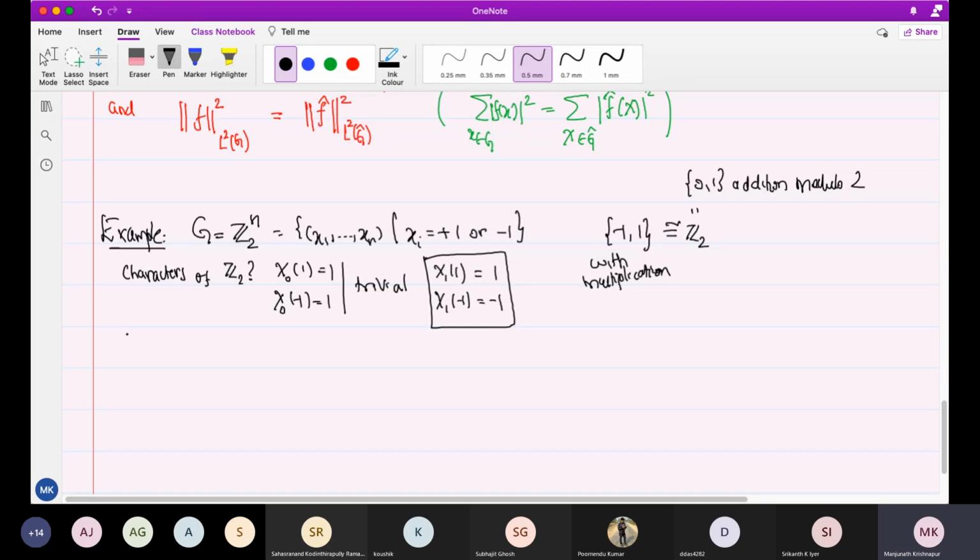So what are the characters of Z2 to the n? I take tensor products of these characters. Each time I have two choices. Let me write chi epsilon 1 tensor chi epsilon 2 tensor up to chi epsilon n, where each epsilon i is 0 or 1.